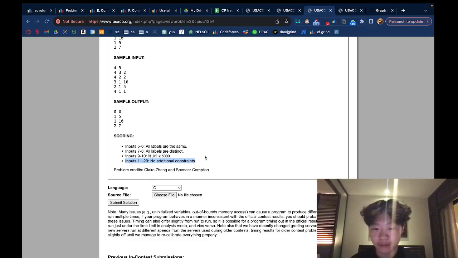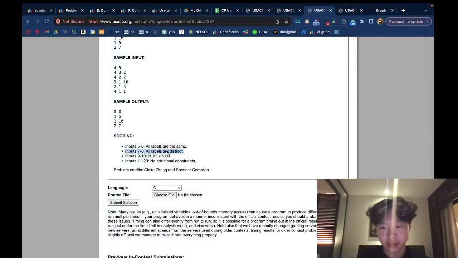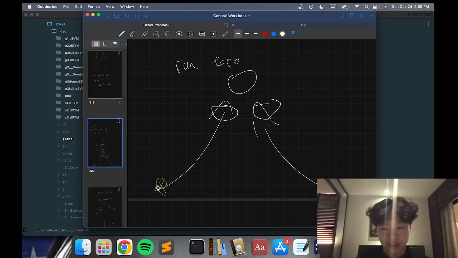And then the full solution. Okay. So for the full solution, the problem with the all distinct labels approach is that after a place where, okay, imagine this is the last distinct, these are two paths of the same length, right? And this is where they're last distinct. All of these along this line, all of these are the same.